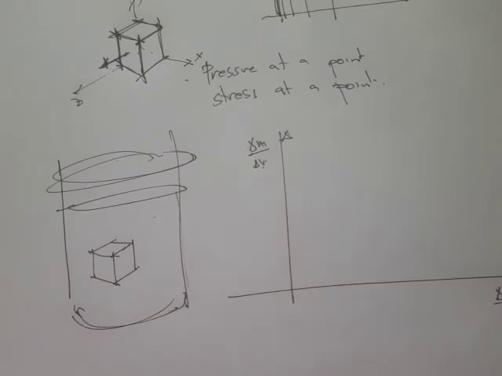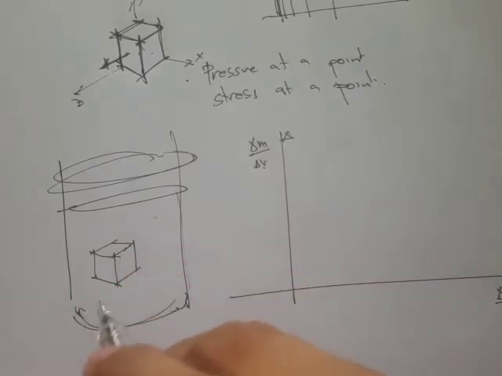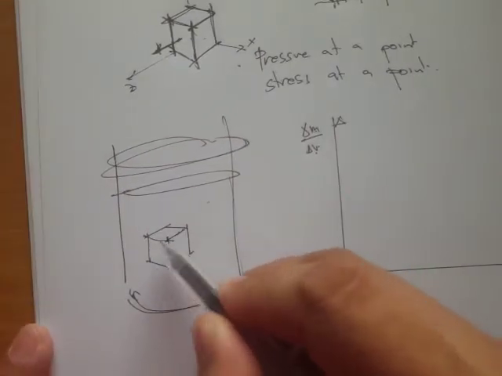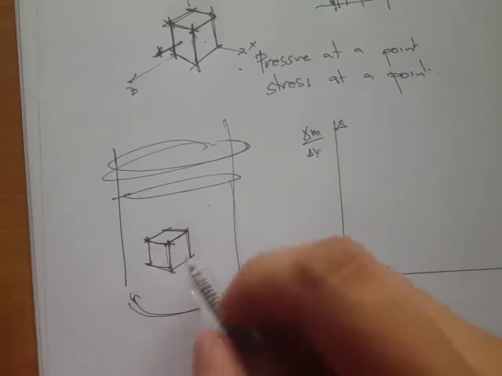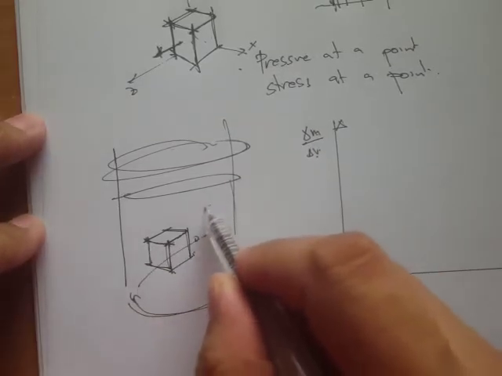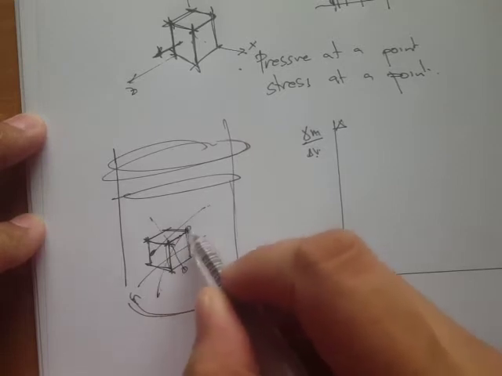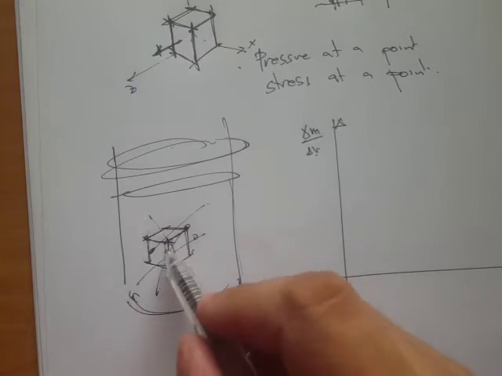looking at the molecular view or atomic view of matter, we know that it's all about the molecules, right? Meaning that in this volume, or in this window, there are a lot of molecules entering and exiting this window, right?